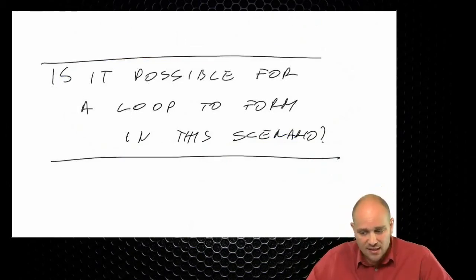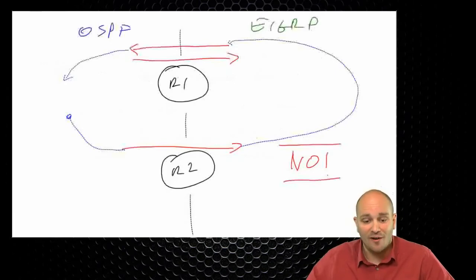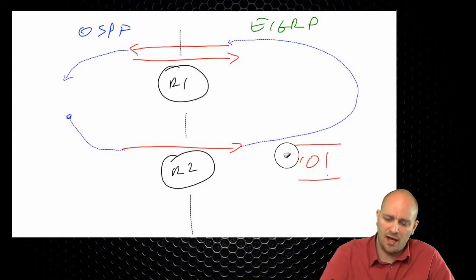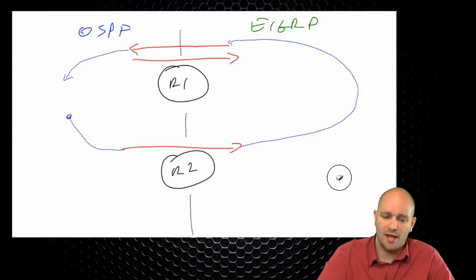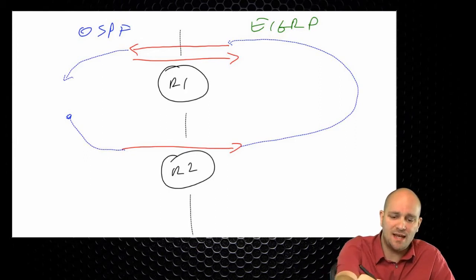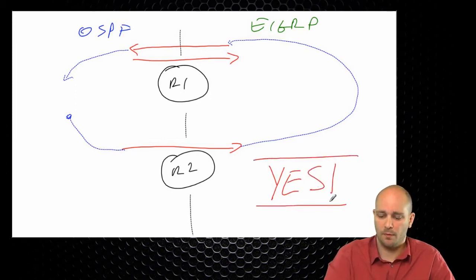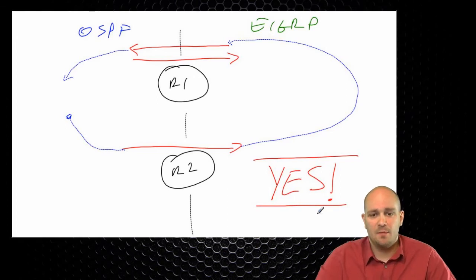And there is a possibility of a loop forming here if I had external routes. And if there is a possibility, you can be fairly certain that in the lab they have found a way to create the loop for you. So in this case, the answer to the question, can the loop form, is yes. The loop can form. Now, if the answer is yes, it means that you have to do something about it. I'm going to get to that in a moment.